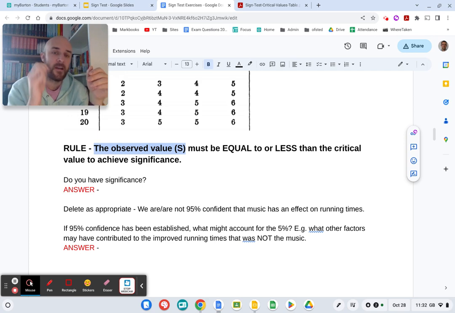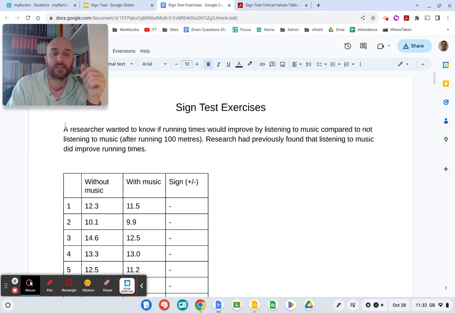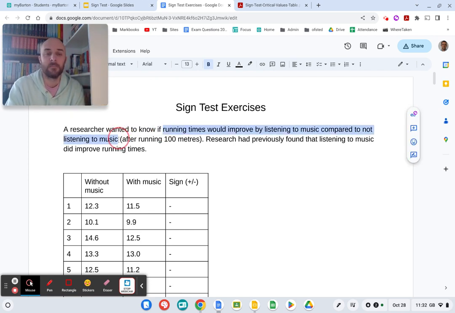So we are at least 95% sure that it was the listening to music that was improving the running times and not some other extraneous variable like the shoes they were wearing or injuries or the weather.